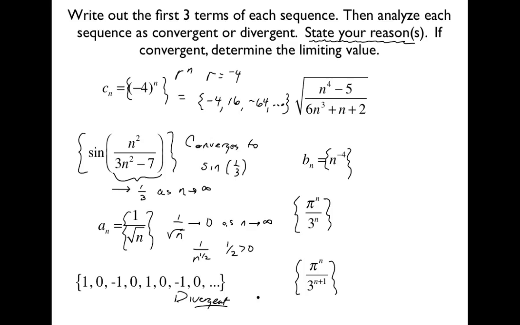Okay, next one. John, you're up. So I'm assuming it's a square root problem. Yeah. All right, so I kind of disregarded the square root and looked at the function on the inside. And I saw that the degree in the numerator was higher than the degree in the denominator. So that value is going to approach infinity.